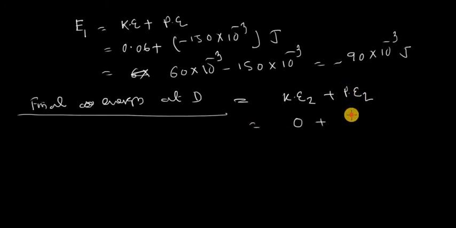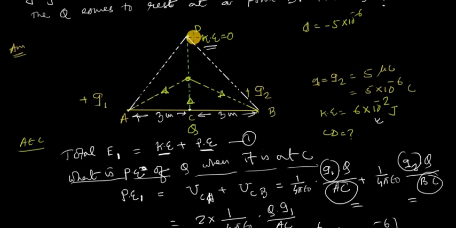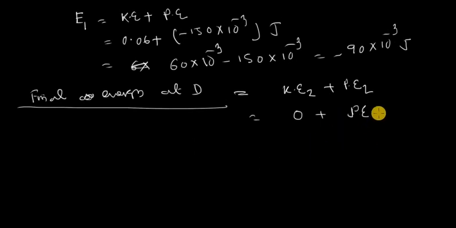Kinetic energy is 0. Now potential energy of Q, that means at D. Now Q is here, so potential energy of Q at D is nothing but potential energy of Q due to A and potential energy of Q due to B. Then this is nothing but potential energy at D due to A and potential energy at D due to B. And since all the terms are equal, so 2 into any one term.